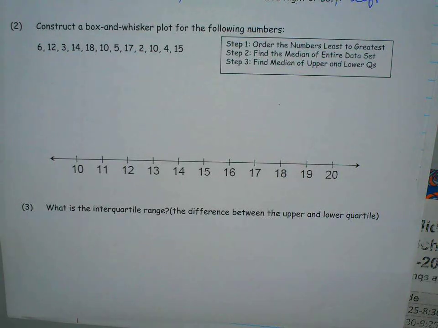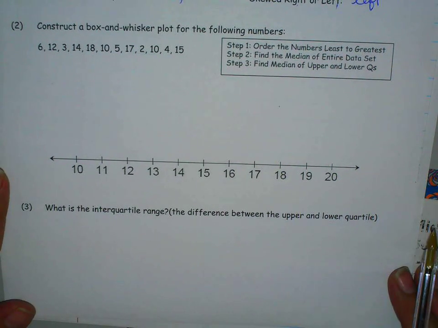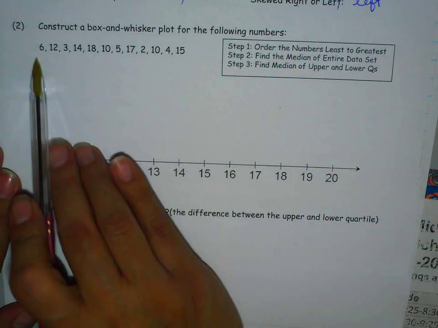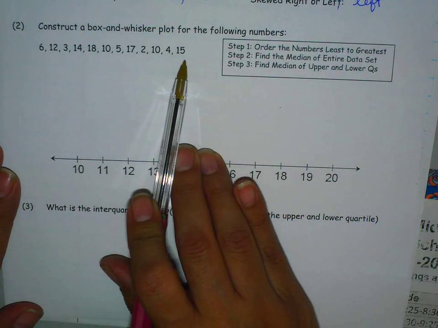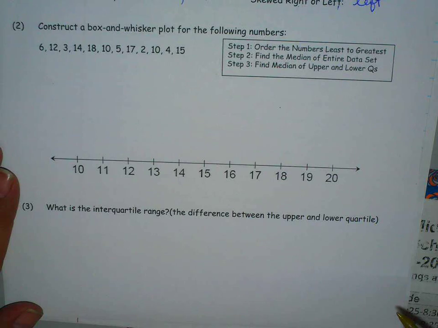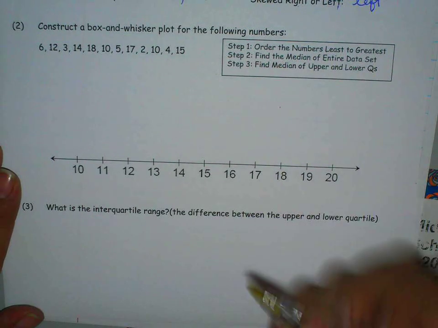So this is our box and whisker plot for the following numbers. We always want to make sure that we place them in order from least to greatest.